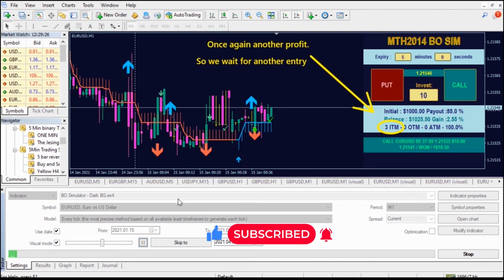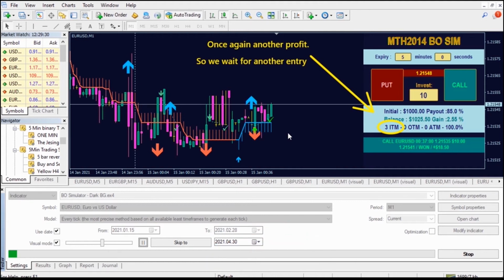Let's see how it plays out. Once again another profit. So we wait for another entry.